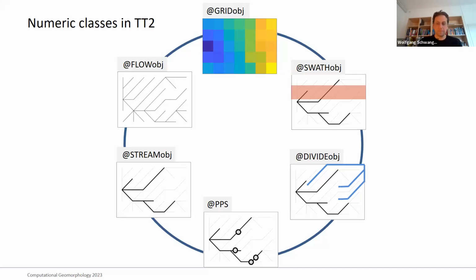The same holds true for PPS. I think it's not used a lot so far, but it means point patterns on stream networks. Since I'm also doing a lot on spatial statistics, that was something that I wanted to develop, and it means point pattern analysis, where the points are actually attached to streams. And what could that be?